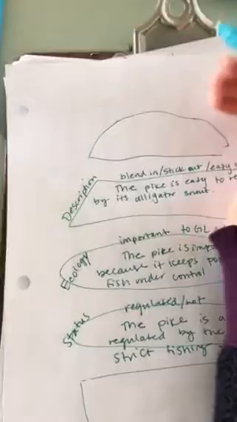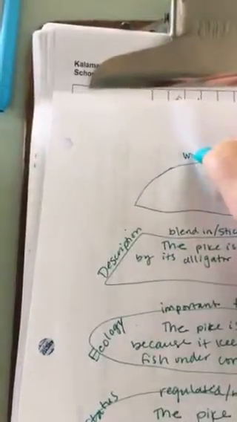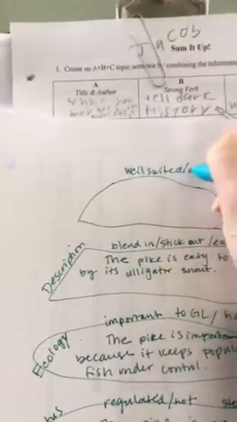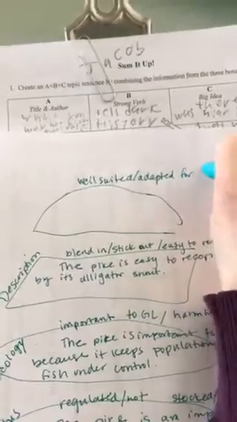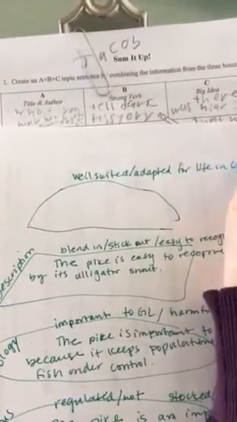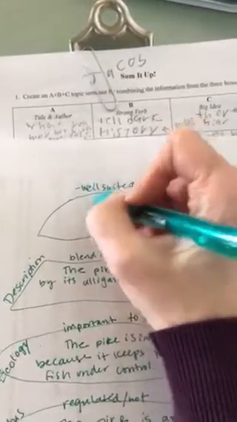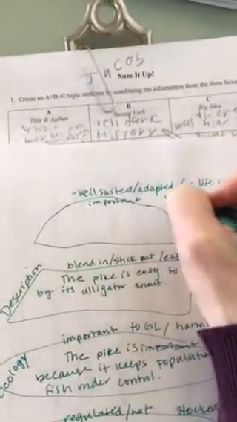And so for your thesis, you might say, depending on your fish, that it is well suited or adapted for life in the Great Lakes. Or you might say something like, it's important, or it's harmful.